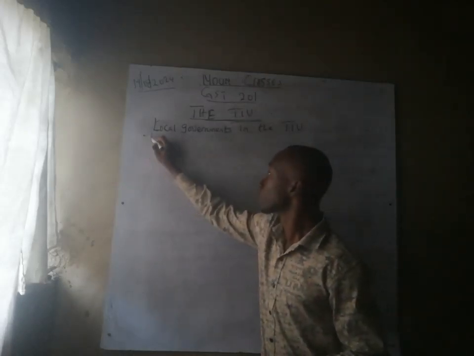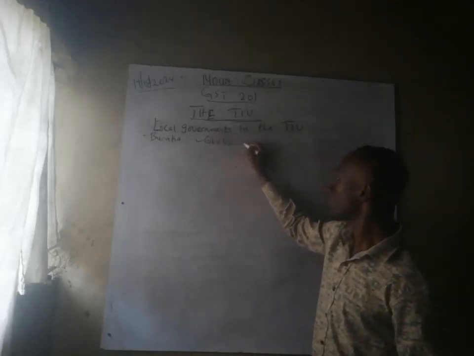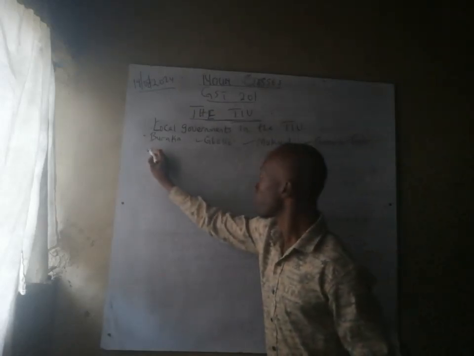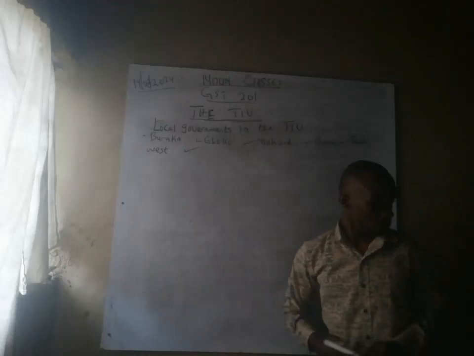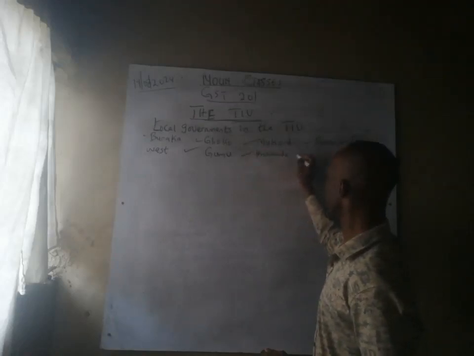We have Buruku, Boko, Makurdi, we have Gwer, Gwer West, we have Gumu, Kwande, we have Katsina Ala, and so on and so forth.